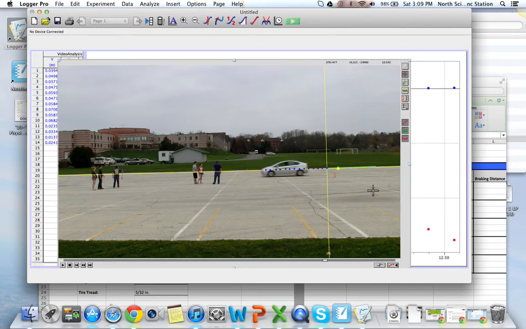At that point I decided this would be the reaction time, so I added a new point set. This would be during the reaction period. So first phase, moving at a constant velocity. Second phase, moving during the reaction time, so still moving at a constant velocity but waiting for the brakes to go on.